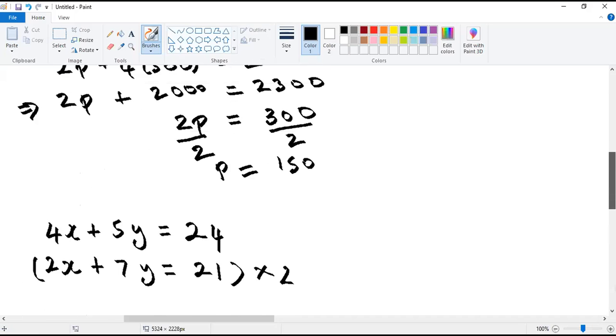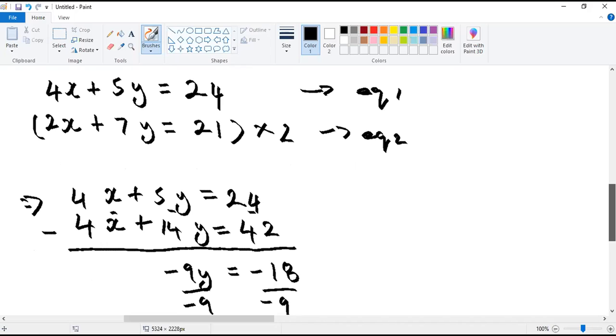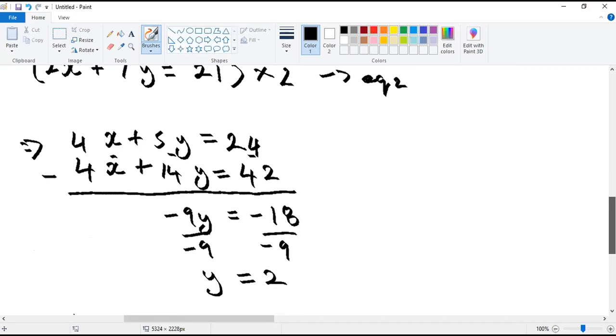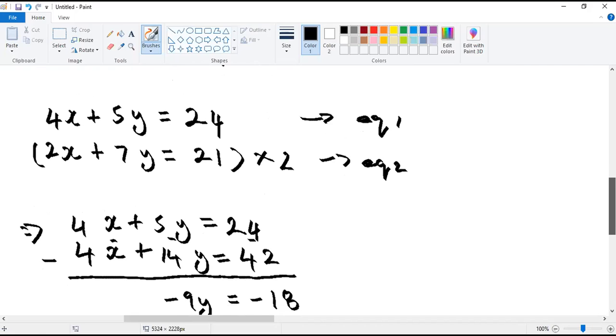Now we can choose equation 1 or equation 2, whichever one is simpler. Let me choose one.